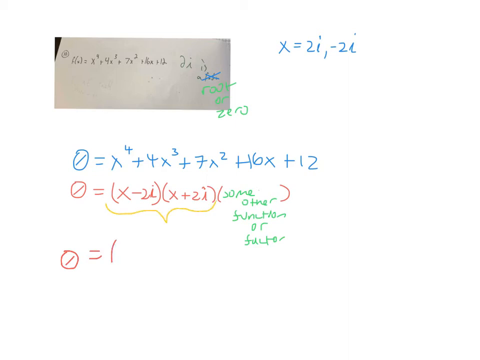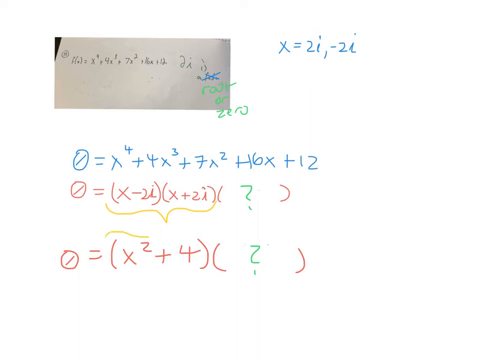And that's going to become x squared plus 4 times this. Now I'm going to replace this with a big fat green question mark. Big question mark. Now you might be wondering, how did I get from here to there?